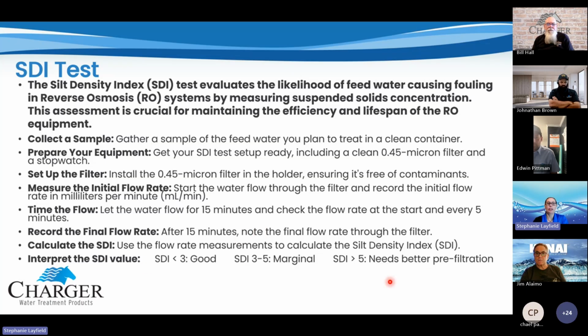There are different ways you can interpret the SDI value, but this is important if you are fouling up membranes. Those are expensive. We don't want to foul them up. So if we're able to see how much sediment or silt density index is in there, we can help prevent some of that fouling, especially when the property owner will take that restrictor on the drain line and say, oh, we're running all this water to drain, I'm going to tighten this down so I push more to the product side.